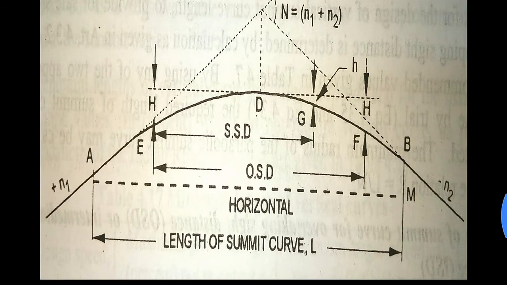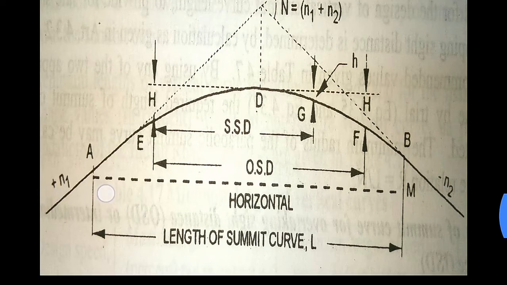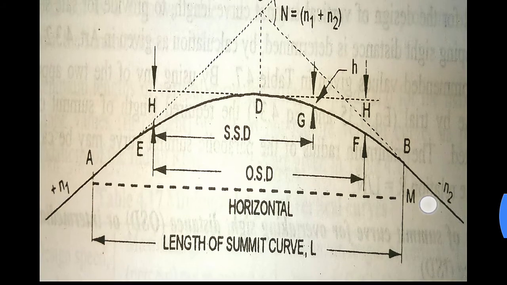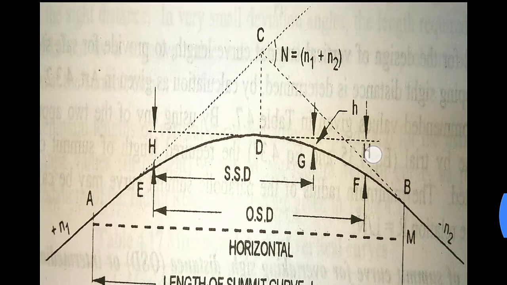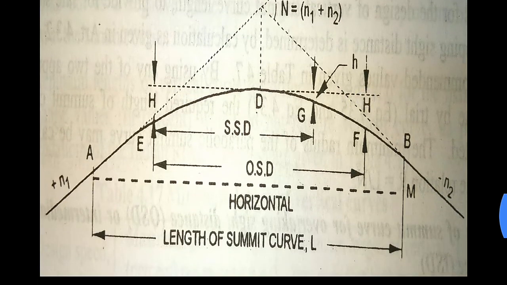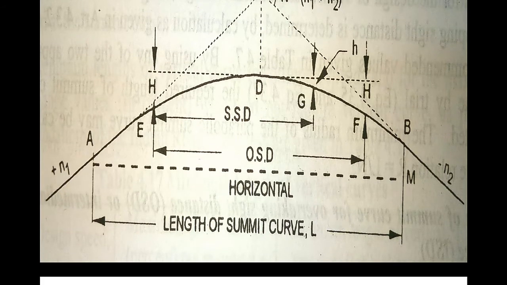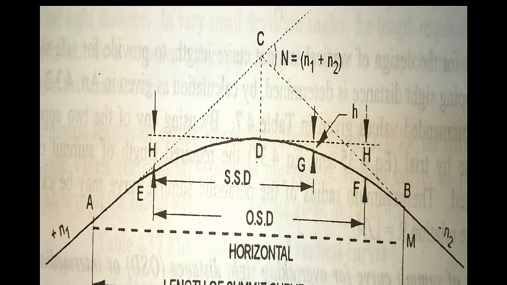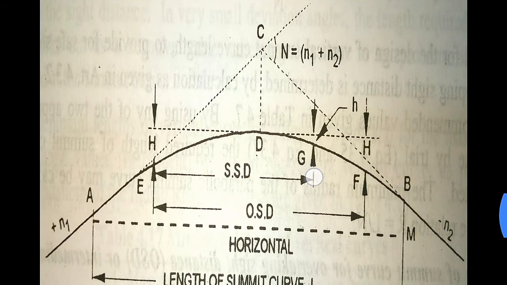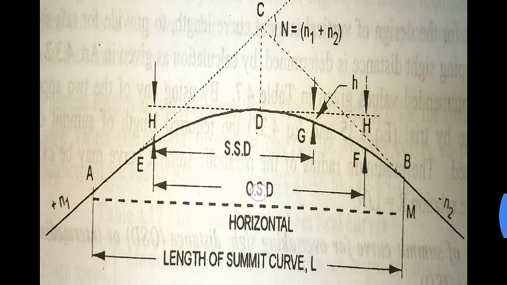Now this here is an illustration of a summit curve. A positive gradient meeting a negative gradient, joined by a smooth curve, is nothing but a summit curve. While designing the length of the summit curve, the conditions that we consider are SSD, that is stopping sight distance, and OSD.